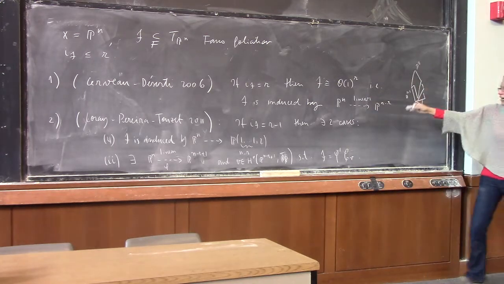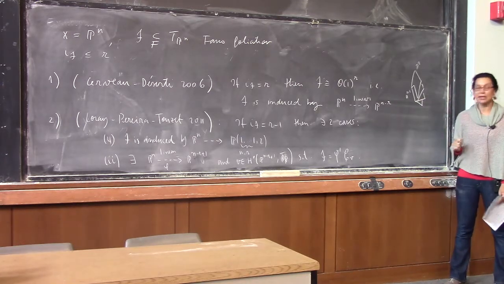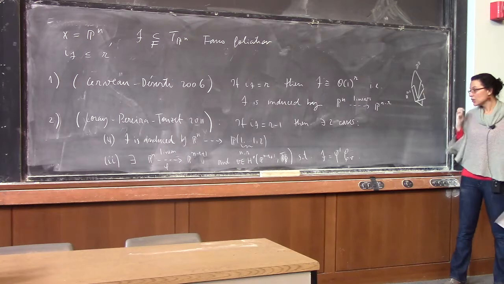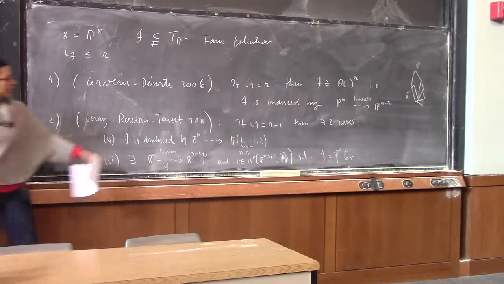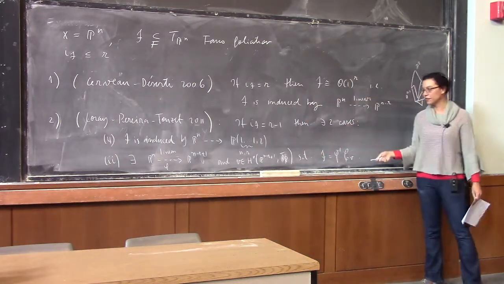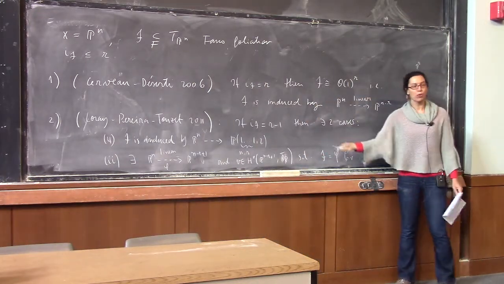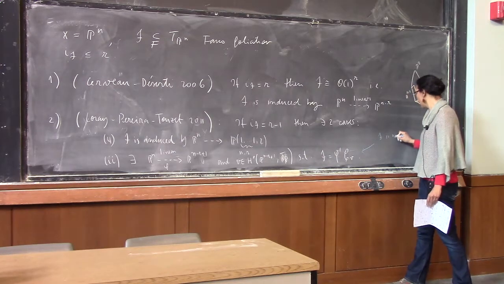So it's easy to compute the canonical class in this case, and you get that the index is exactly r minus 1. So now here I want to emphasize that, as we saw before, if I take a general vector field, this is not going to be algebraic. So in this case here, F is not algebraic.